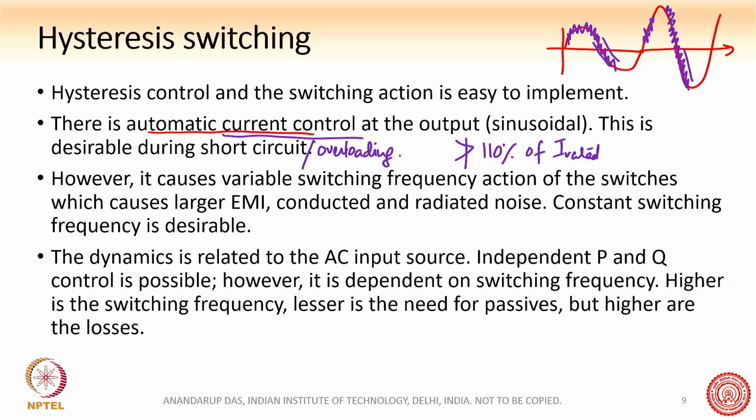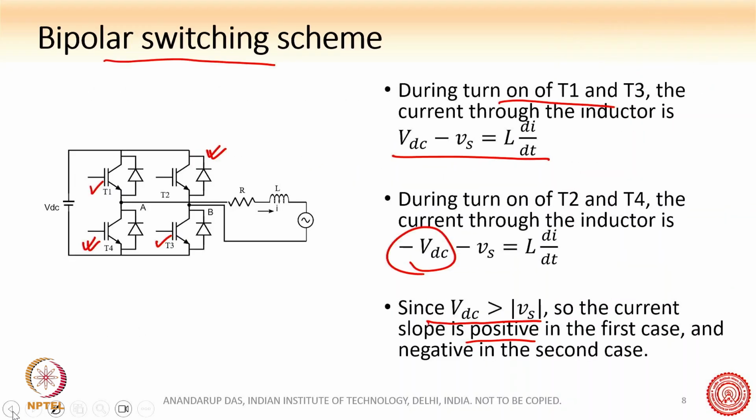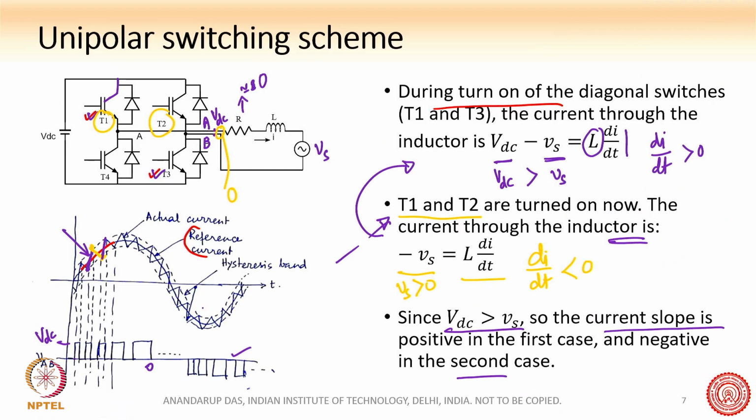Now come to the disadvantage. You can see where the disadvantage is. If you see the waveform, when we do this kind of switching, the switching frequency of the devices is uneven, even within a cycle.